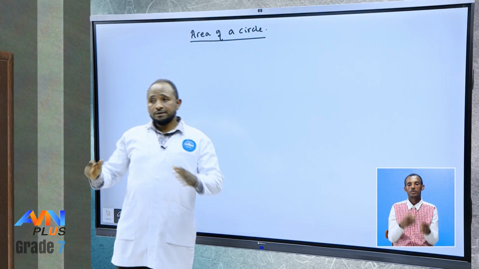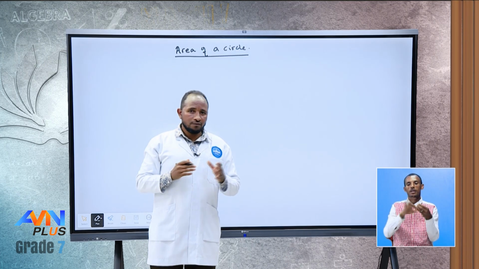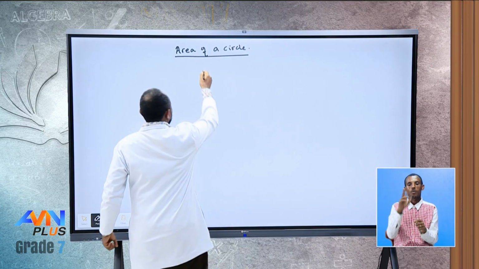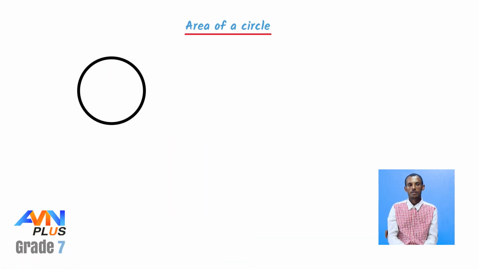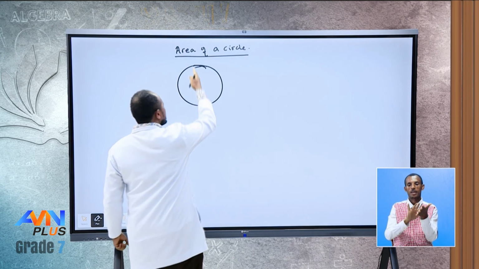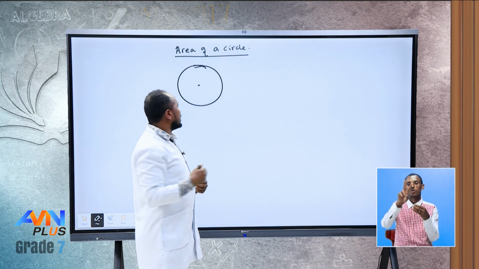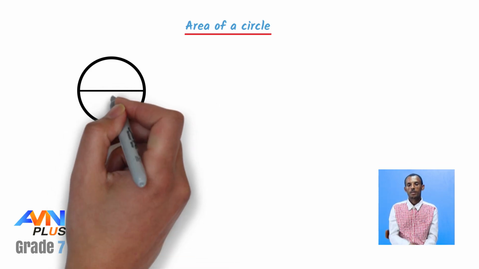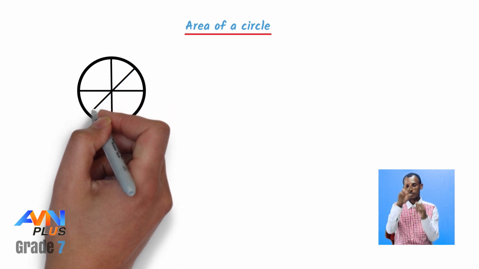To calculate the area of a circle, let's try the following activity. Look, if we have this circle and assume this one be the center, let's divide this circle into pieces. We can divide this into so many parts. Let's divide it into 8 equal parts.